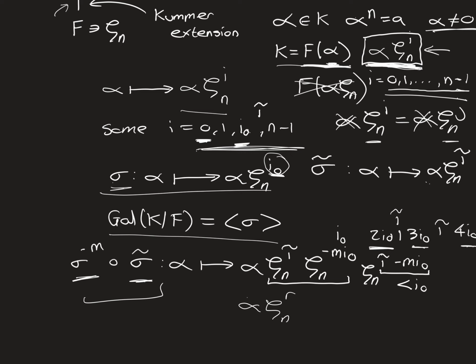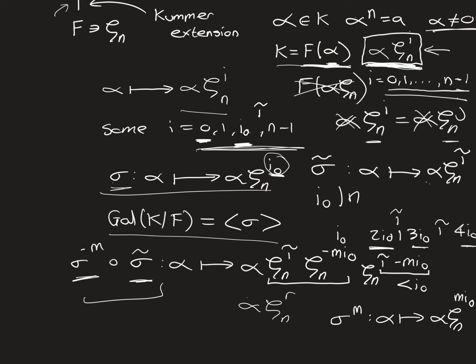The I0 value here is going to have to divide n. Why? Think about what would happen if it didn't divide n. Then when I take powers of sigma, sigma to the power of m is going to map alpha onto alpha zeta n to the mI0.